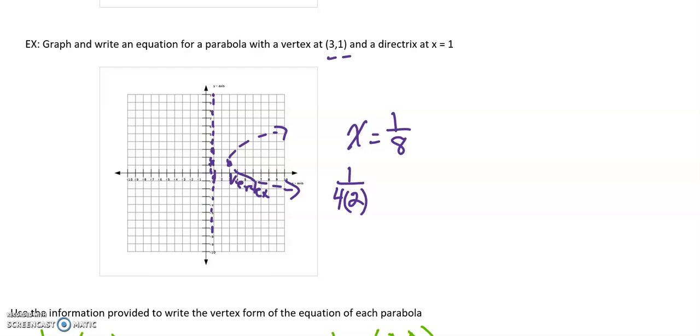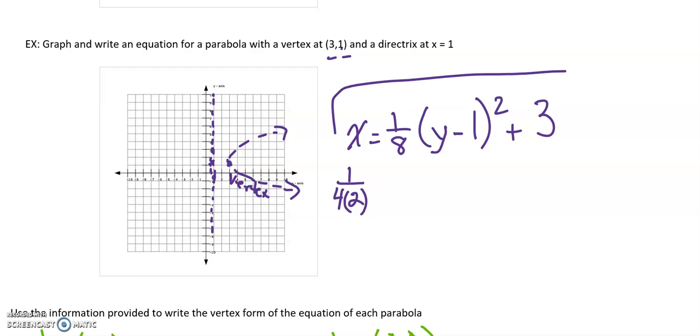So since we opened on the x, this is a y minus k, and our k value is a 1 to the square, plus our h, which is a positive 3. So this is the equation for a parabola with a vertex of 3, 1, and a directrix at x equals 1. Okay? So this video has been about the graphing.